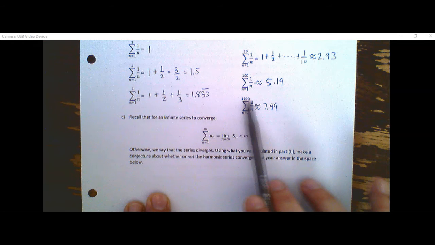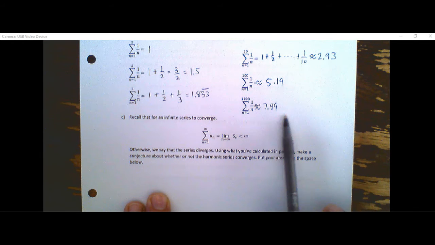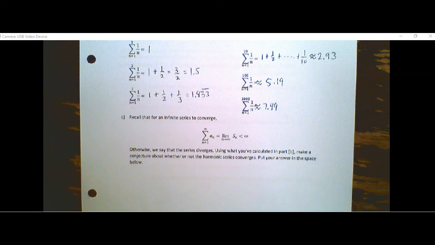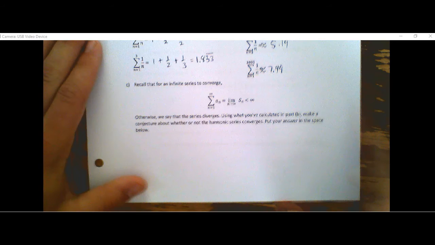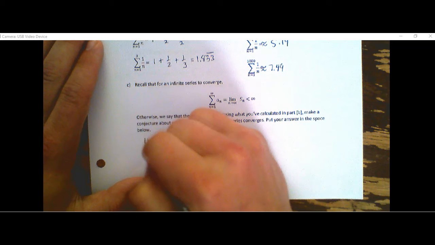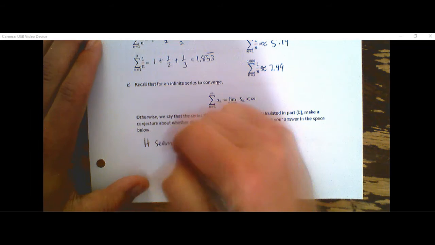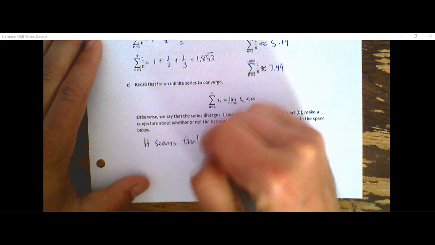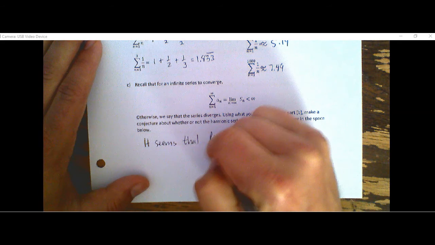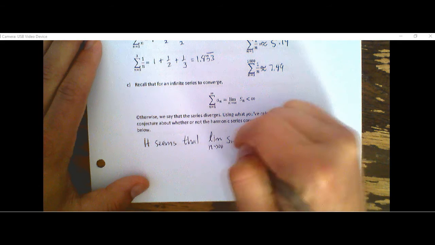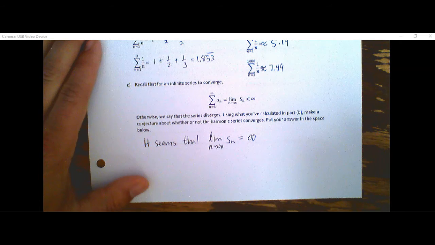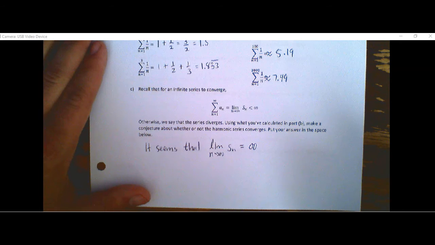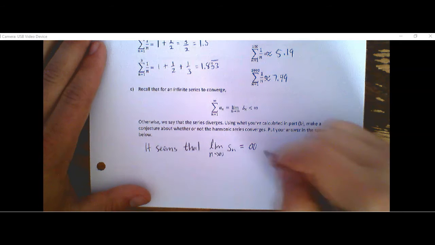So if we were to do 10,000 terms, we would get some number that's larger than this. So it seems that the limit of the nth partial sums will be equal to infinity, right? It just continues to grow.